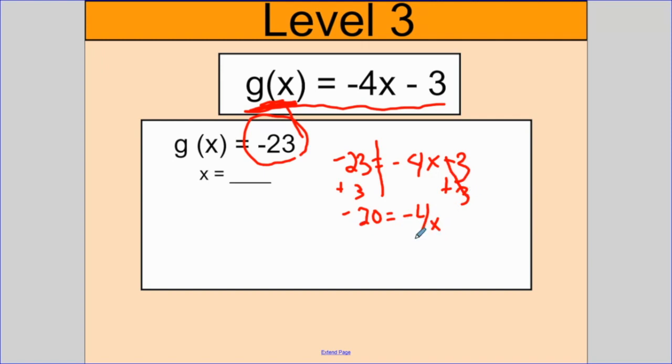We need to solve for x. We're going to divide both sides by negative 4. And negative 20 divided by negative 4 is positive 5. And negative 4 divided by negative 4 is 1, so we know our x is equal to 5. So when our output was negative 23, our input was 5.